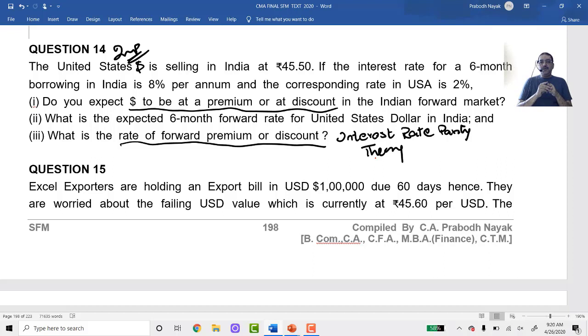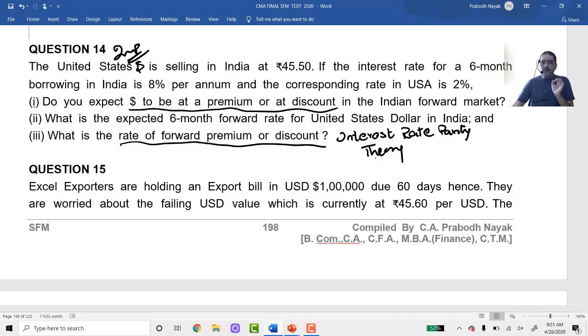And it also says the country having a lower rate of interest, 2%, will have its forward currency at premium. And how much will be that premium or the discount? It will be more or less around 6%.